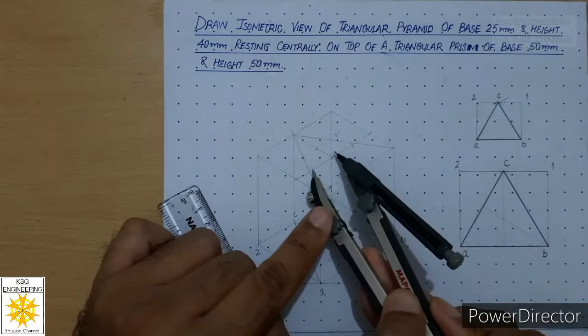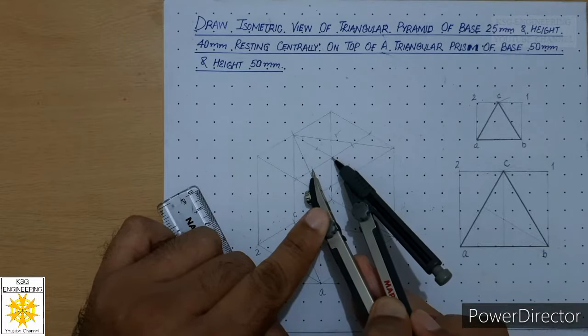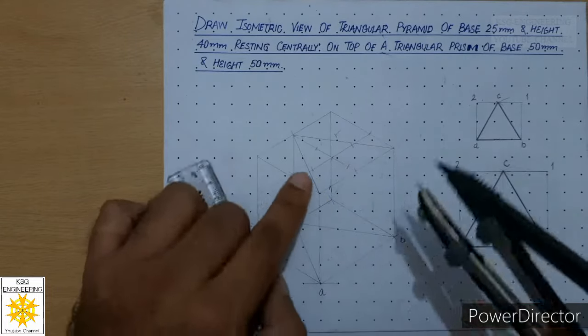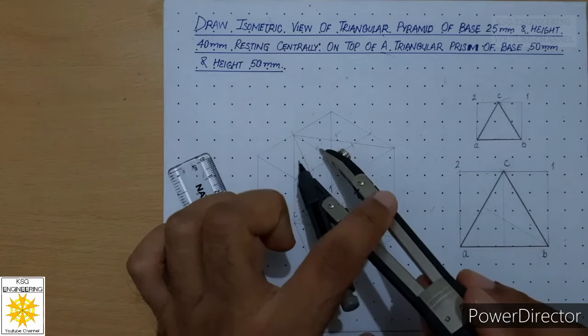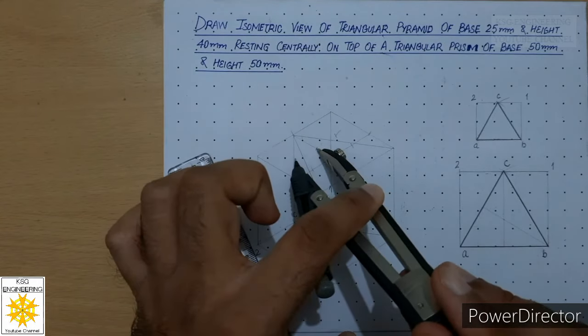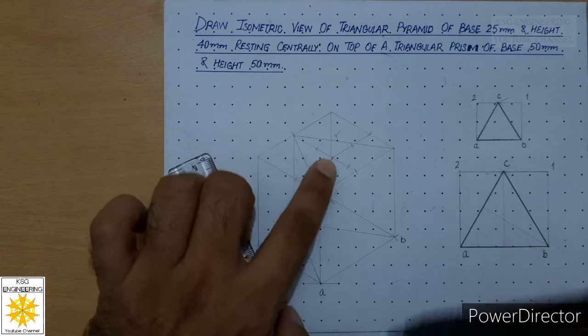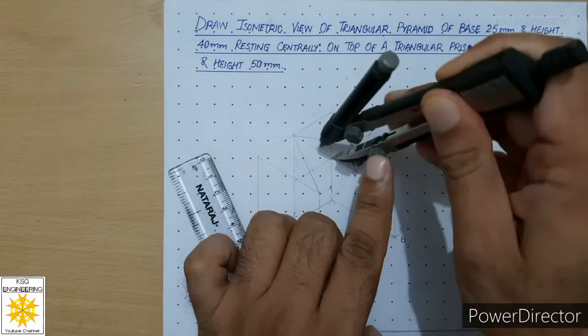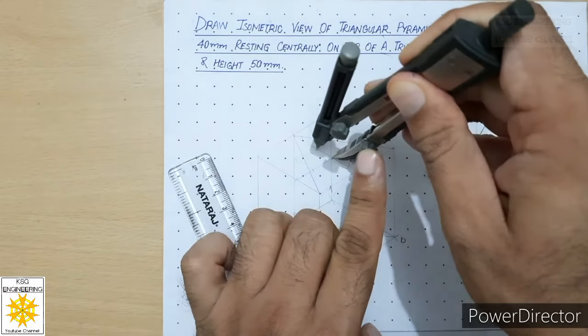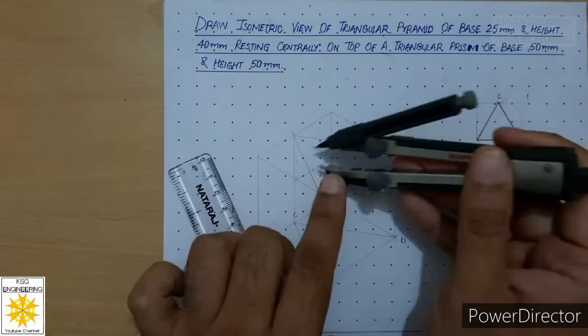Similarly, we will make use of these 2 points to draw this corner. So for that, we will measure this distance, which is 12.5, and will mark from opposite point. Then we will measure distance of this point from the center, which is 10.5, and will mark from the opposite point.